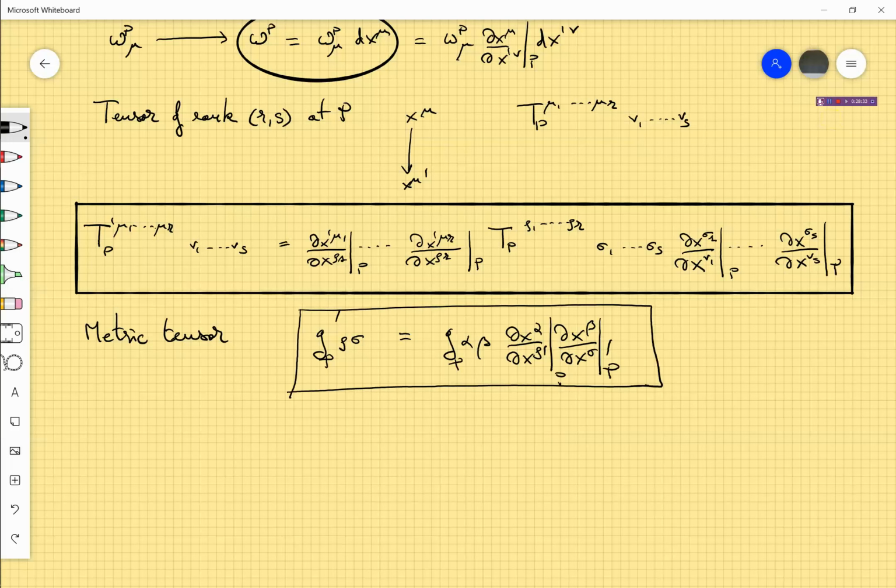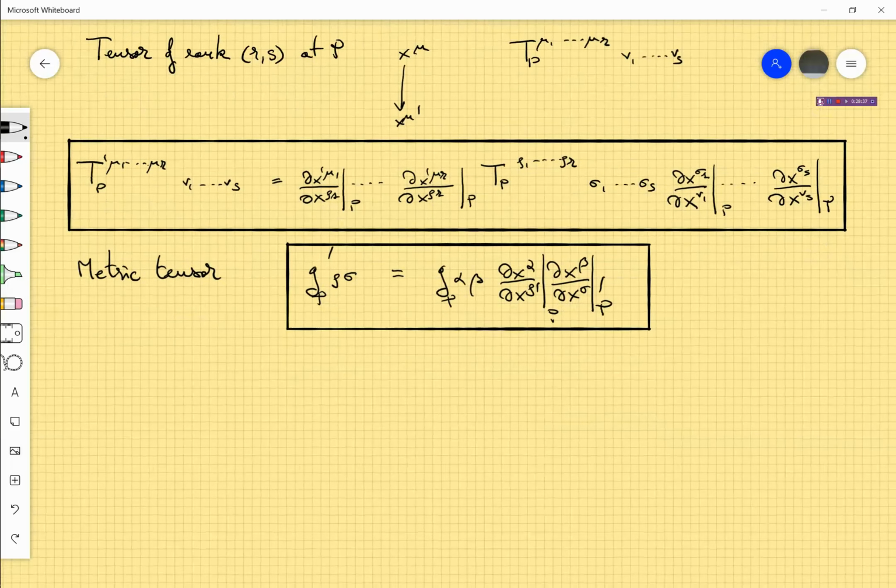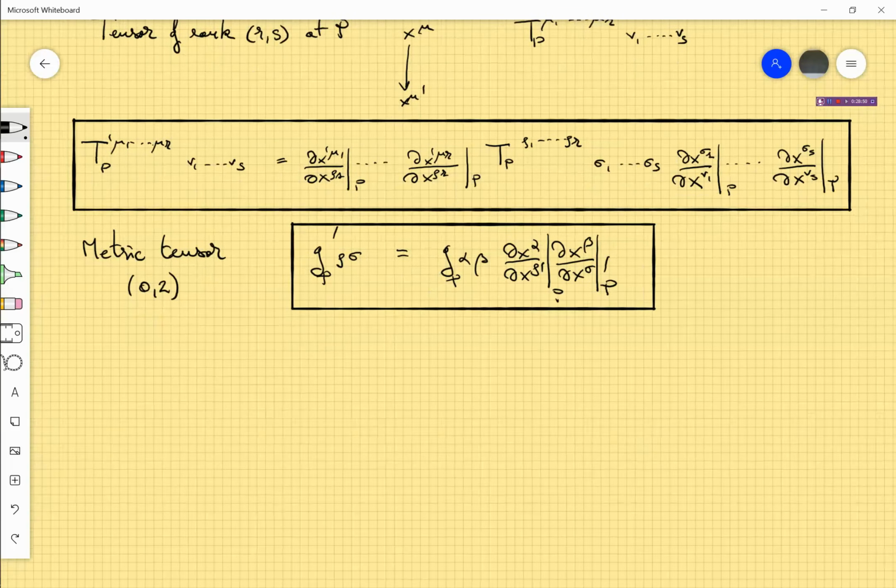We can use this trick that I showed you before to remember how this object always transforms. So this is rank 0, 2. So it's 0 times contravariant and 2 times covariant.